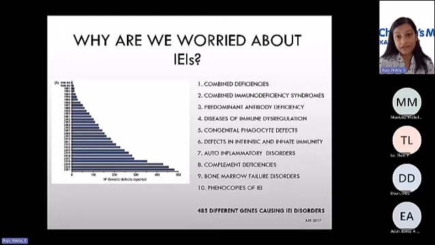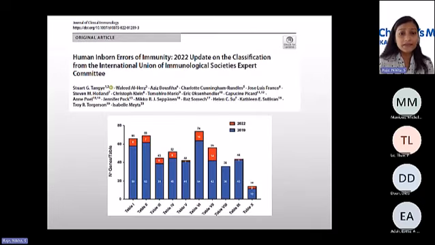So these are the 10 categories. And this is the latest update on their classification. And that tells you how every couple of years, there are several inborn error of immunity genes added to the classification. So there were 55 new IEI genes from 2019 to 2022 when this update came out.